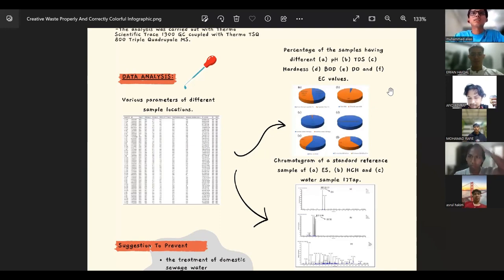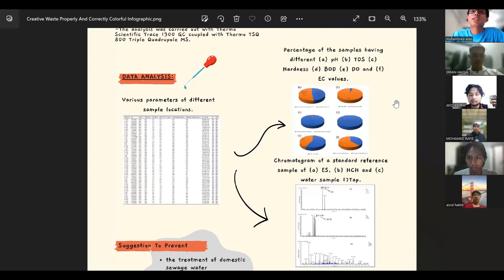For EC, or electrical conductivity, it measures the water's ability to conduct electrical current, which is influenced by the presence of dissolved ions. The EC values of the water samples ranged from 243.86 to 1545.66 microsiemens per centimeter, with an average value of 774.15 plus minus 318.52.